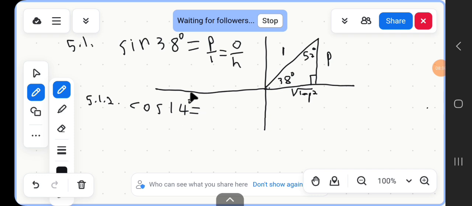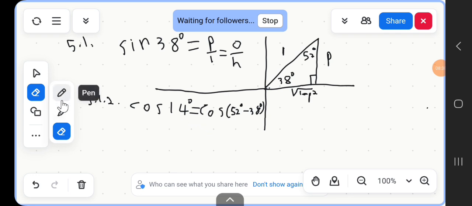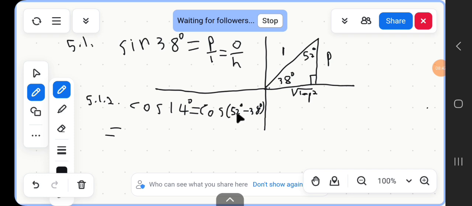So cos 14, if you check, when you subtract 52 and 38, you get 14. So that means 52 degrees minus 38 degrees is the same as cos 14. That's what we know. Now, this is a compound angle of a cos. So how do we represent this with a minus in between?